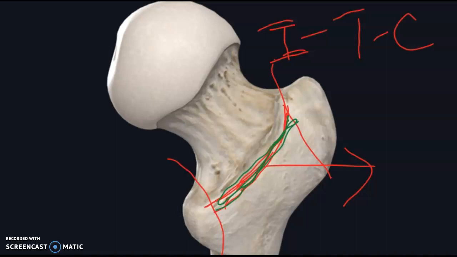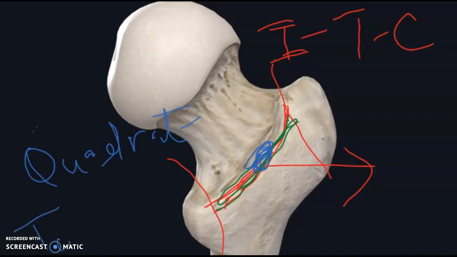At the middle of the intertrochanteric crest, you can see a round bony elevation, and that's called the quadrate tubercle.